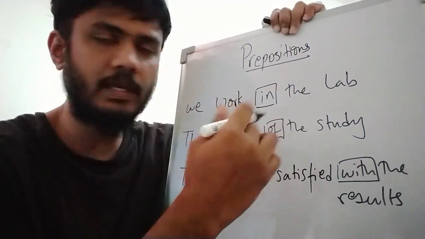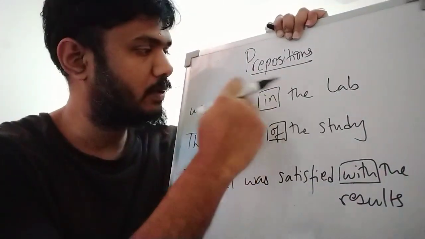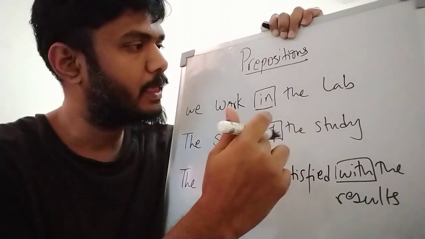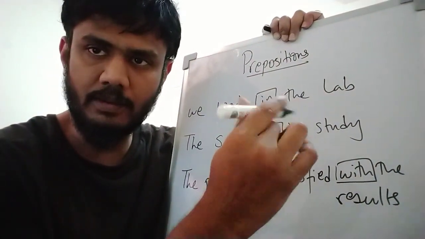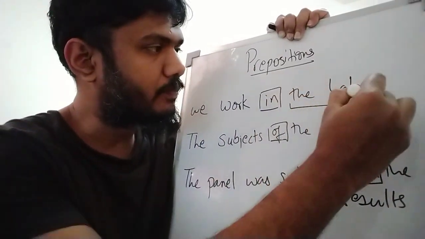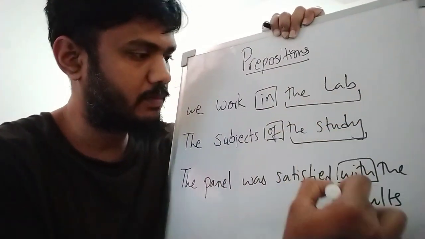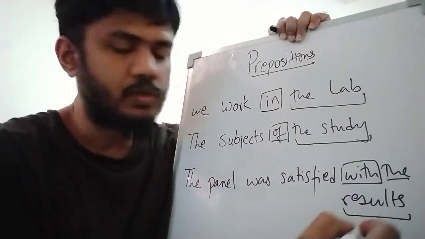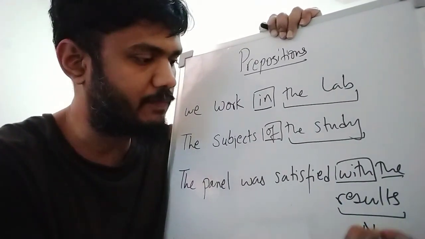The key is to understand what comes before it and what comes after it. Let's look at what comes after, because there's something common here. If you look at the lab, the study, the results, what's common is that there is always a noun after the preposition.